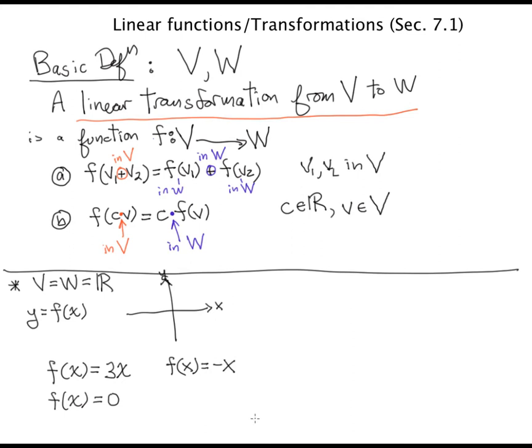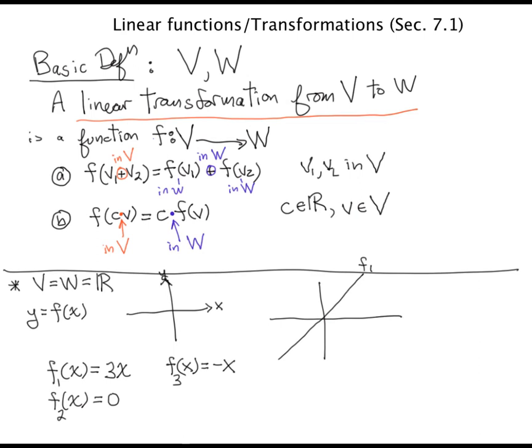Those are all linear functions, and the graphs of these three functions, f of x is equal to 3x, and so on, look something like this, and let's call these f1, f2, and f3. This is the graph of f1.